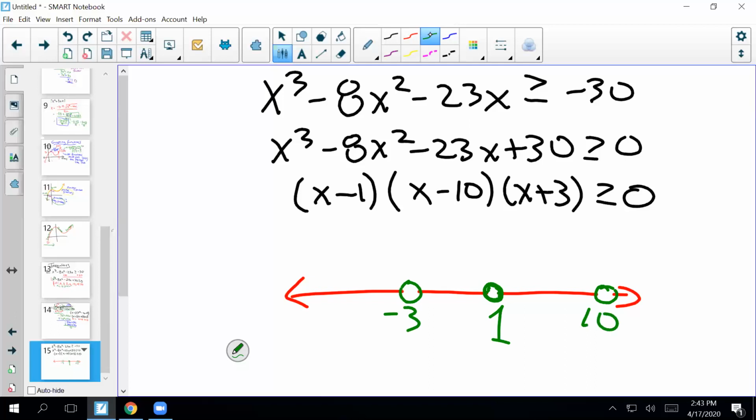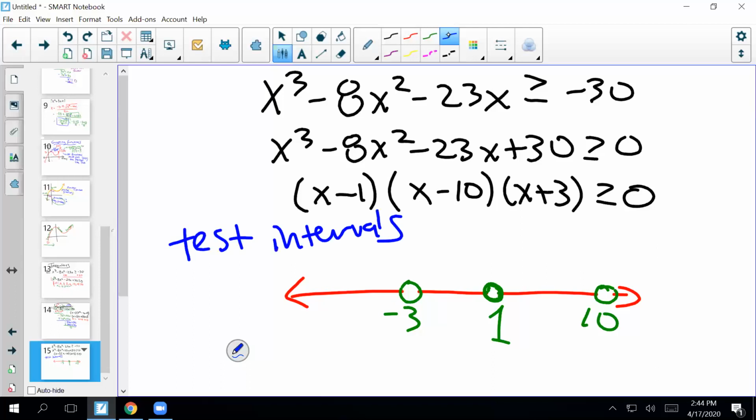For an inequality, these are not your solutions. The solution lives between these solutions. And the easiest way to figure it out is to test intervals. What do I mean by that?